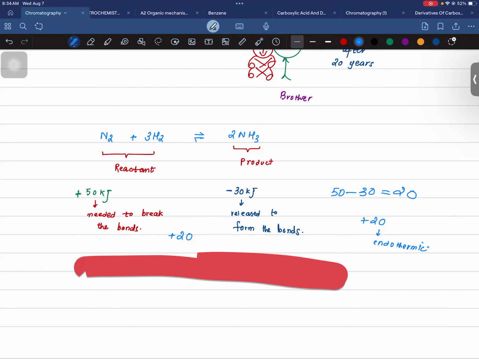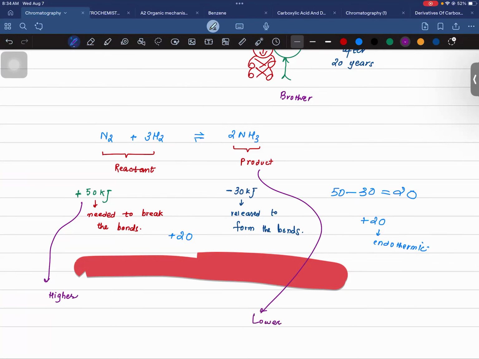I'm repeating: the energy required to break the bond is higher compared to the energy released to form the bonds, which is lower. This is higher. This is lower.